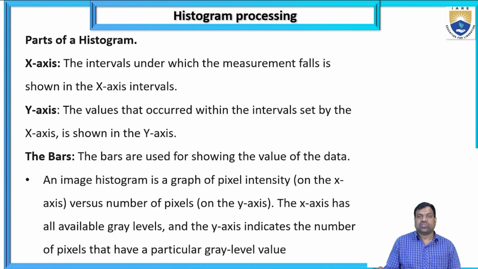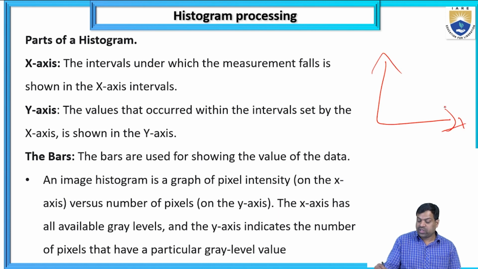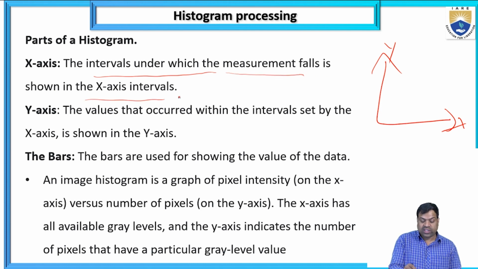The parts of a histogram: x-axis, y-axis. For any image I'm taking, suppose I'm taking 2D, that is the x and y-axis. The intervals under which the measurement falls are shown in the x-axis, and the values that occurred within the intervals set by the x-axis are shown in the y-axis. The bars show the data of the image in pixel intensities.